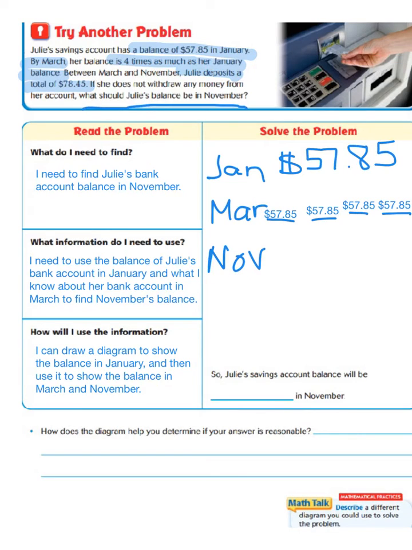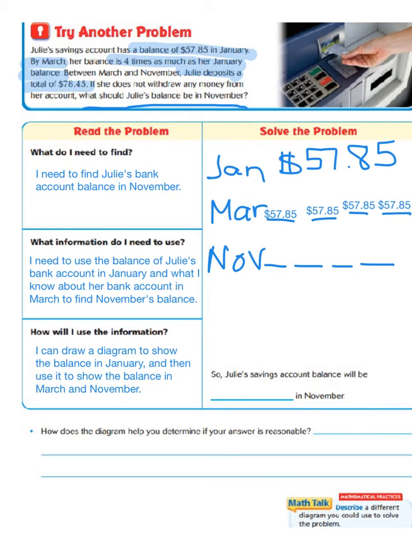In the word problem, it says that between March and November, Julie deposited a total of $78.45. One thing we do know is that without the deposit, March and November's balance would be the same. So we will demonstrate that again with our 4 blanks.